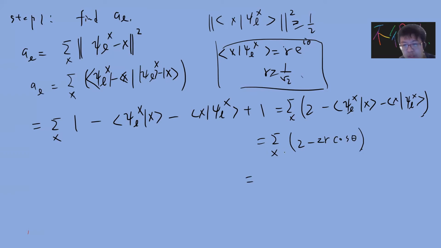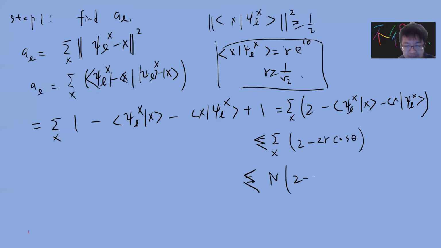The summation over x is independent. This term is less or equal to n times 2 minus something. Since x can be arbitrary, I can make cosine to be, let's say, 1.